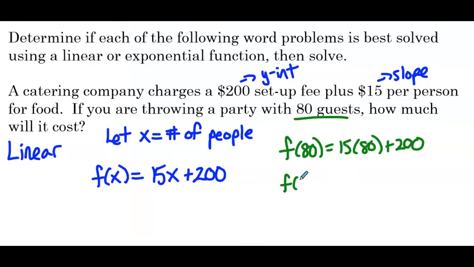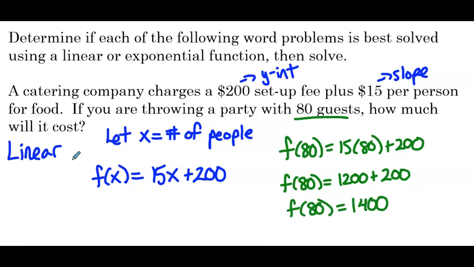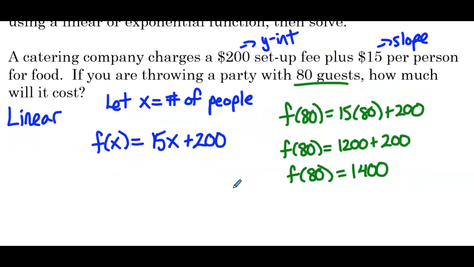So f of 80 equals 1200 plus 200. So f of 80 equals 1400. So the answer to our question is $1,400 to hire this catering company to throw a party for 80 guests.